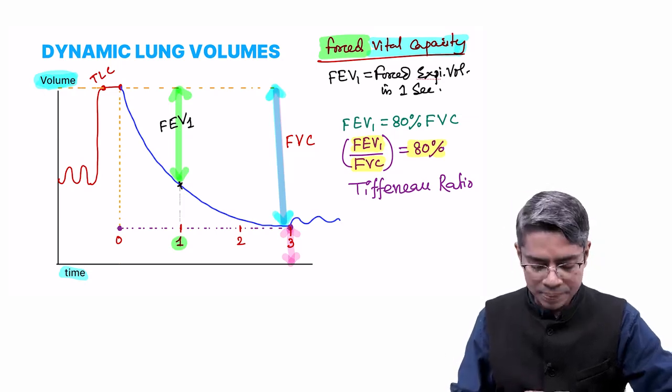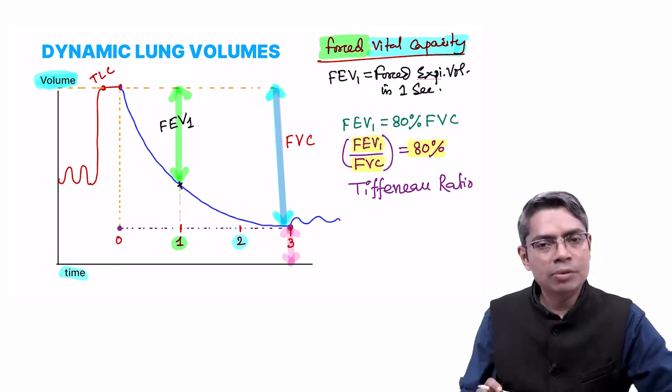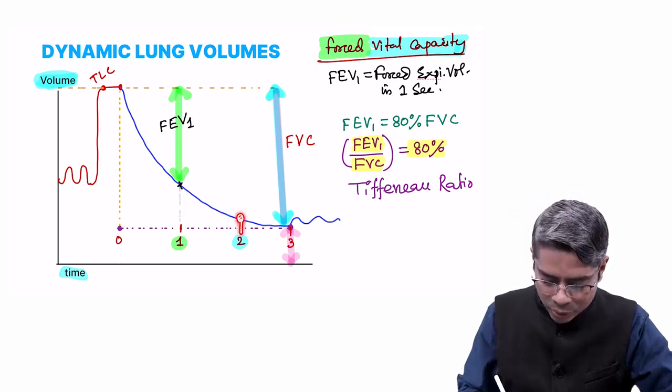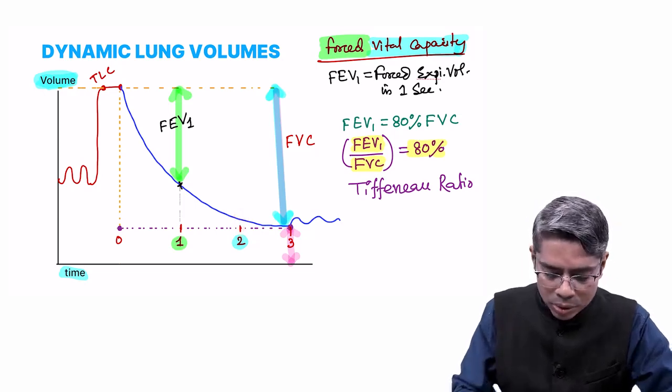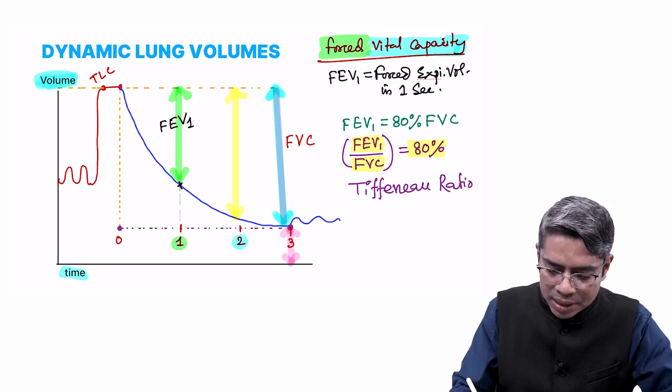Now, if I want to calculate the volume expired by this subject within 2 seconds, the same thing I am going to do: from this 2 second point I am going to drop a perpendicular here, and if I measure the total volume from the beginning up to this 2 second point, then this volume will be known as the FEV2.